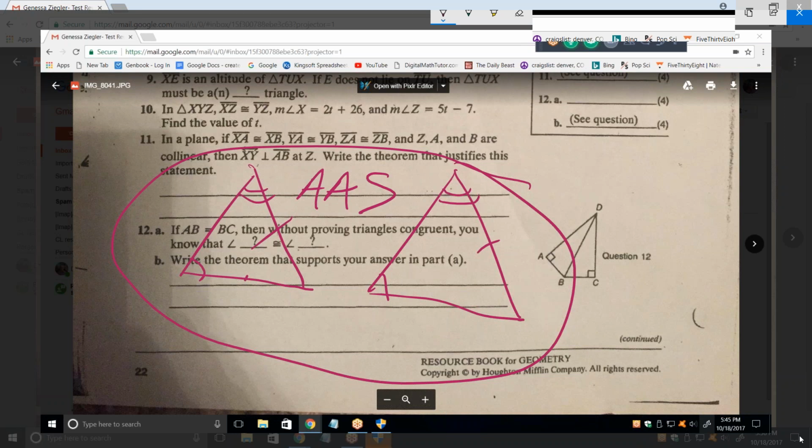And that's why this is not called angle, angle, angle, side. Because if it was called angle, angle, angle, side, then that side could be any side. And it can't be. This only works if the side is opposite the angle in the same manner. This side is opposite that angle. That side is opposite that angle. And that's what has to be true.